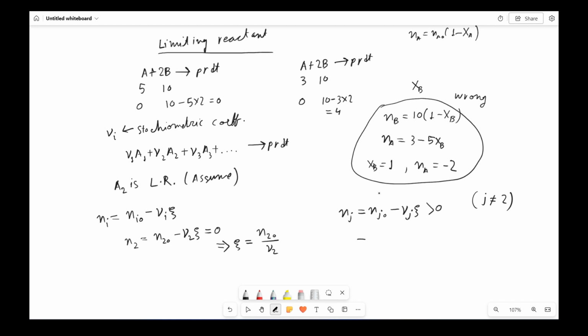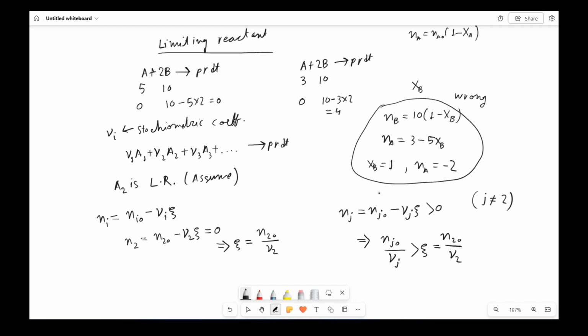Now, if we rearrange this linear inequality, we write Nj naught by nu j is greater than epsilon. Wait a minute, this is nu j. Now we know the epsilon value is N2 naught divided by nu 2.